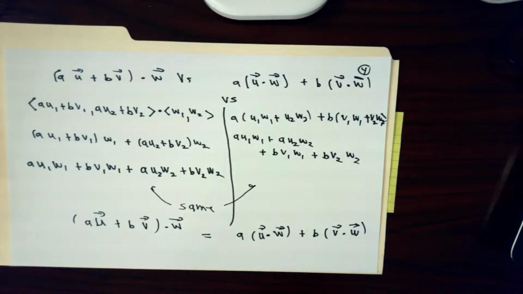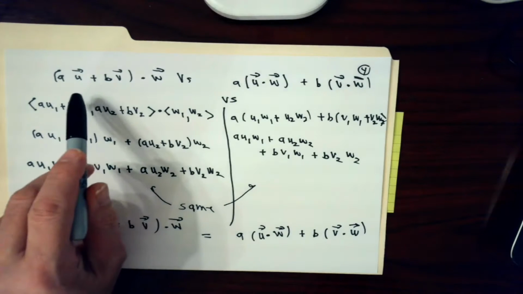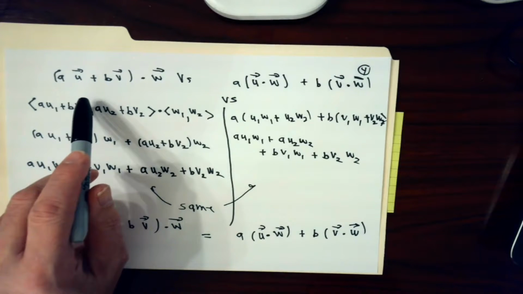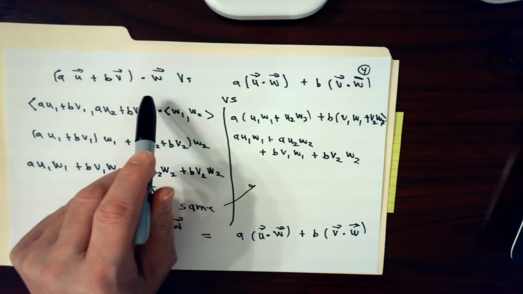In ordinary algebra, we have a distributive law. A natural question is, is there something like this for the vector dot product? So u, v, and w are going to be vectors. a and b are going to be numbers. I'm going to form the vector au plus bv and then dot product that with w.